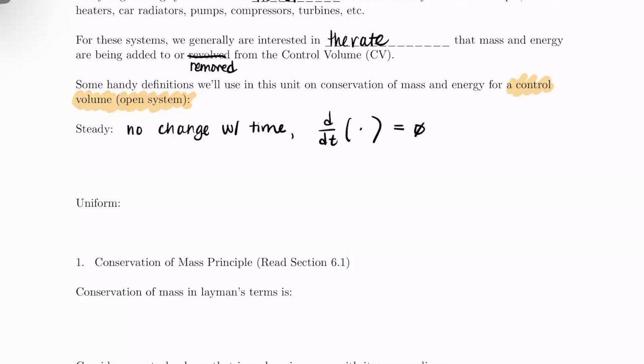So if you have a steady system, any equation that has a d/dt term in it, you can assume it's zero. The opposite of this is unsteady, or sometimes the term transient is used as well.